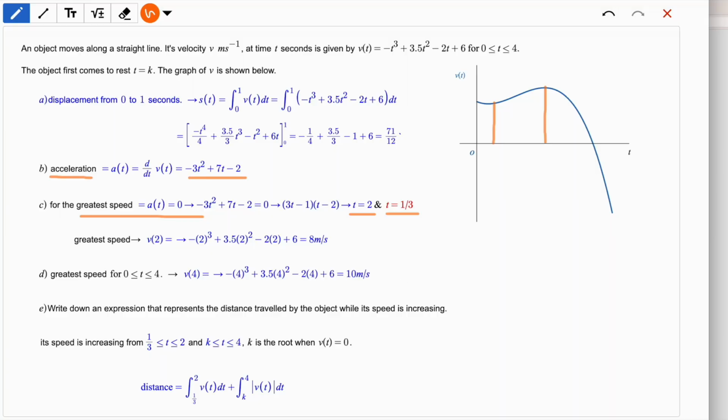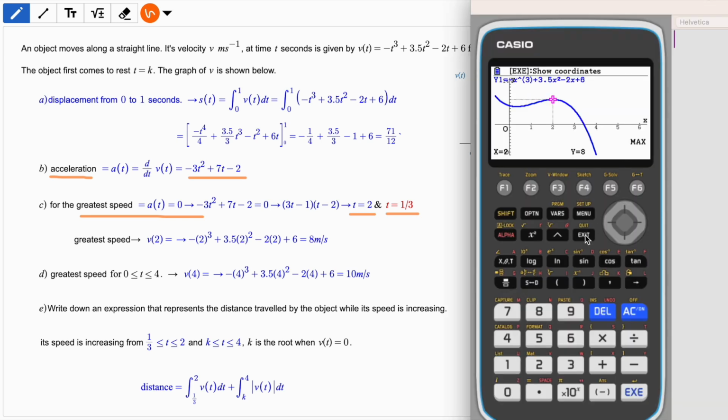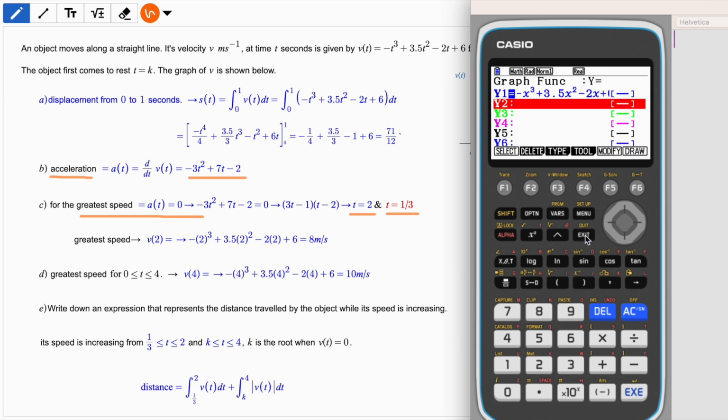So let me show you how you can verify your answers using GDC. I'm going to have a graph of acceleration, right? So click exit, and you can enter directly -3t² + 7t - 2 in terms of x, but let me tell you another method.